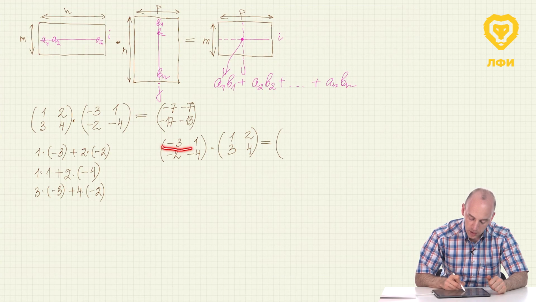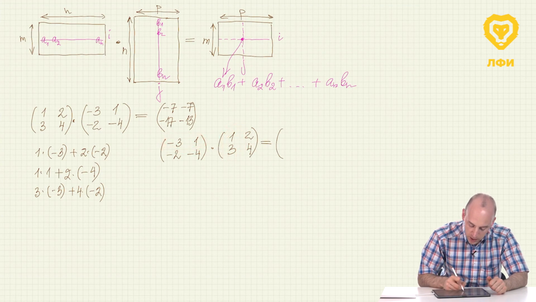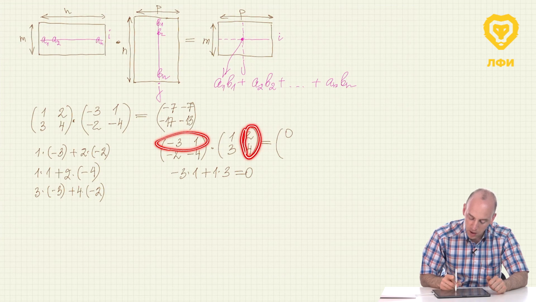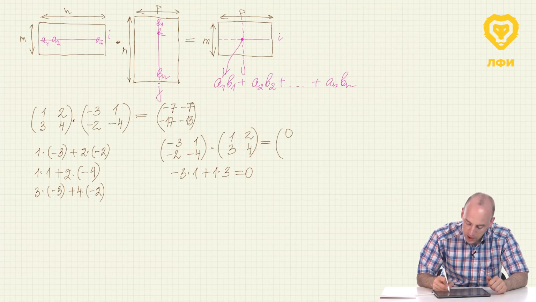The first row is multiplied by the first column, and we get -3 times 1 plus 1 times 3, and we get 0. After that, we multiply the first row by the second column, and we get -6 plus 4, which is -2.